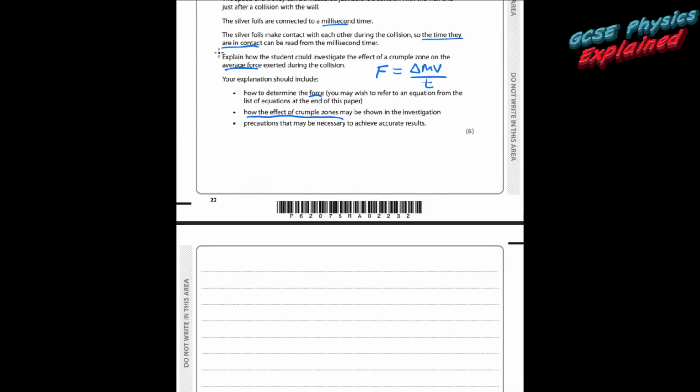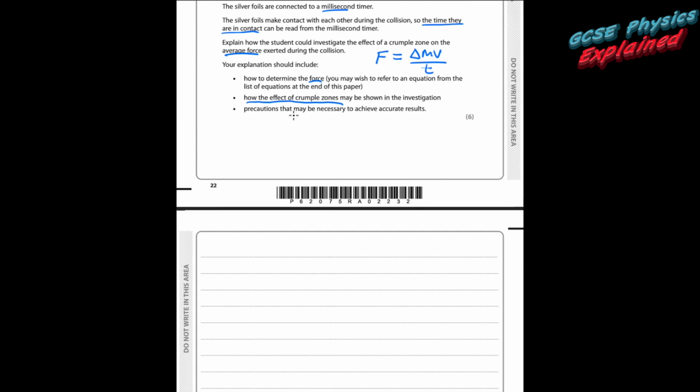Right, first of all, to determine the force. If you haven't written that, you can write it as mv minus mu. So that is the final momentum, take away the initial momentum, divided by the time.